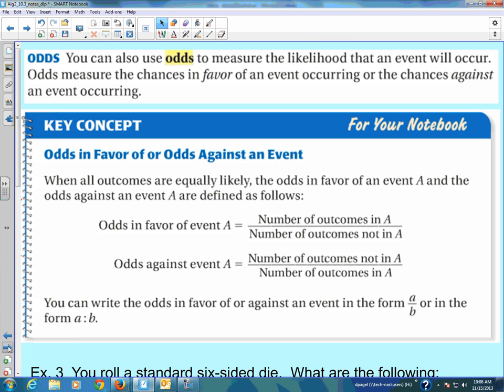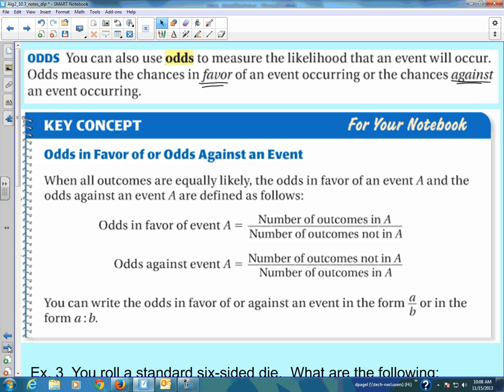Odds also depend on an equal likelihood of some event occurring. So here we can say that to think about odds, you have the chances in favor of an event happening or the chances against an event happening. So when we talk about odds, we can say odds in favor or odds against an event.